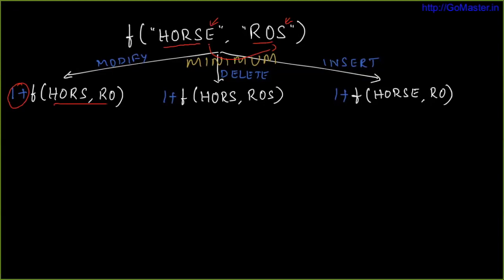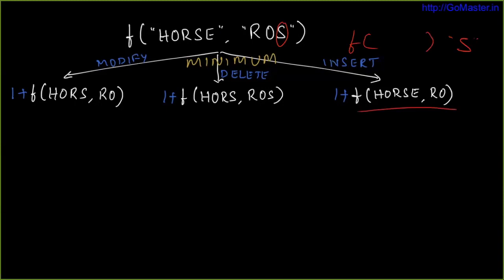Or the other possibility is we delete the character from the source word so that it doesn't appear anymore, and that is going to require one operation, and the remaining problem we need to solve is transform HORS to ROS. Similarly, the other possible operation is we insert S into the target word directly so that S is kind of appended there, and we need to solve a problem which is going to be this one, right?